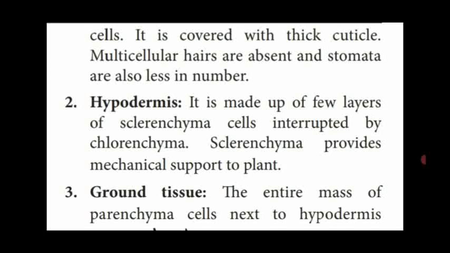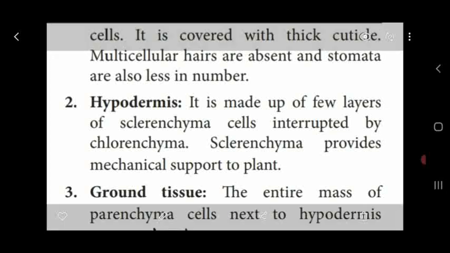This ground tissue is made up of parenchymatous cells, in some regions closely packed, in some regions loosely arranged. At the starting position the cells are smaller in size, and towards the center they are bigger in size. So this is all the variation present in the ground tissue.